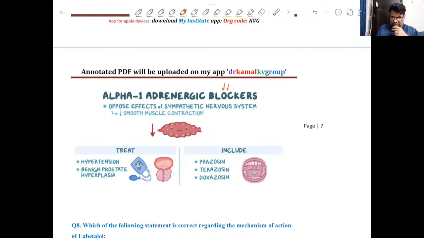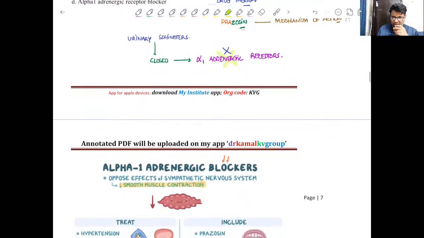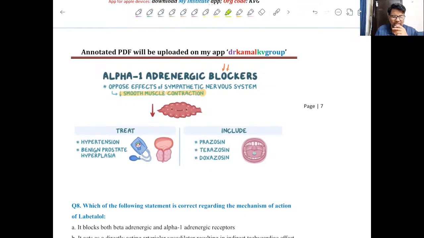Okay, since they relax smooth muscle, the overall property is it can be given, but we are talking in terms of the adrenergic receptors. Yes, 5-alpha reductase inhibitors can be given, no problem, right? So here, now this is in terms of adrenergic receptors.